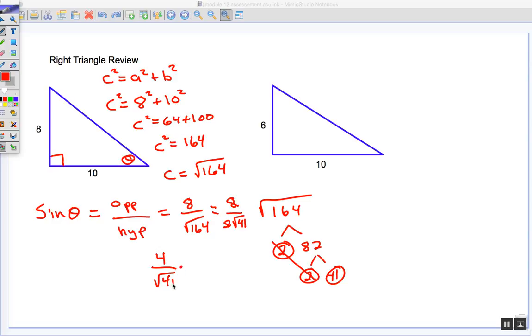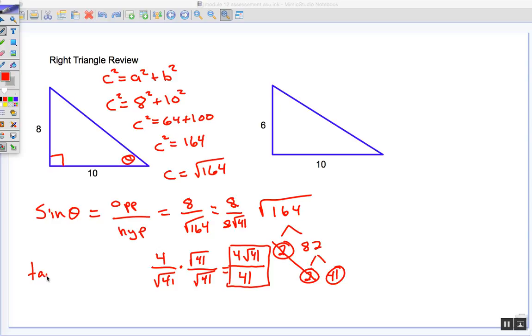And then to rationalize the denominator, we multiply by square root of 41 over square root of 41. That's okay to do because that's the equivalent of multiplying by 1. And square root of 41 times the square root of 41 is just 41. So we have 4 square root of 41 over 41. So that is sine of theta.